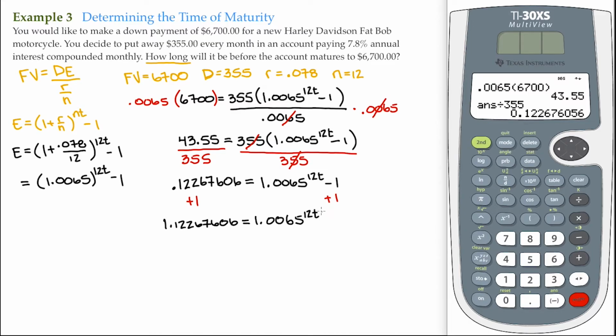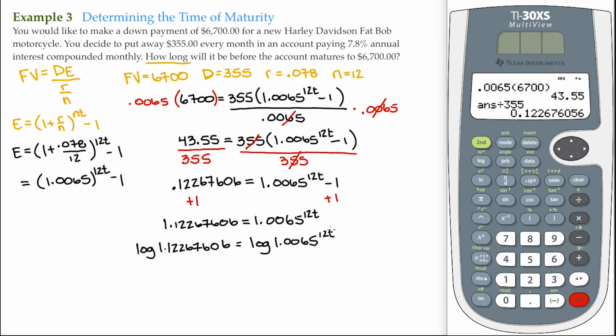So now since we have an unknown exponent up here, we're going to need logarithms. So this will be the log of 1.12267606. That's going to be equal to the log of 1.0065 to the 12t power.